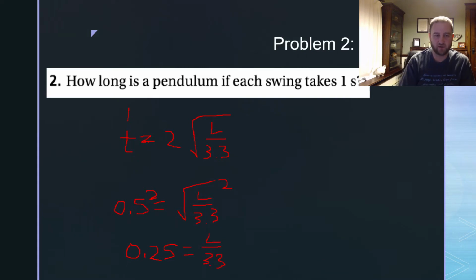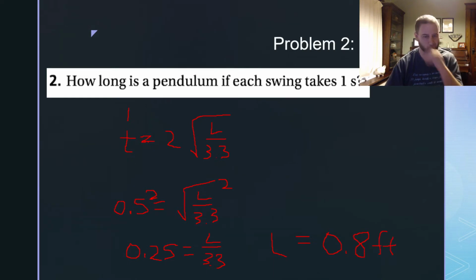And now we're going to multiply by 3.3. And that gives us a length of 0.825. So we'll round to 0.8 feet. Okay? So hopefully you did well on that one. You're able to make sense of this.